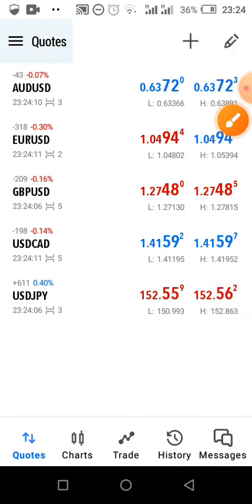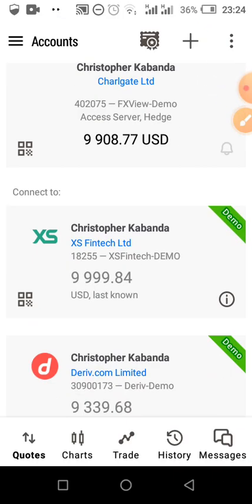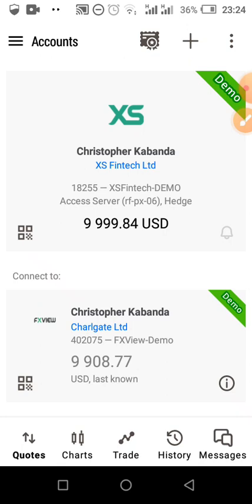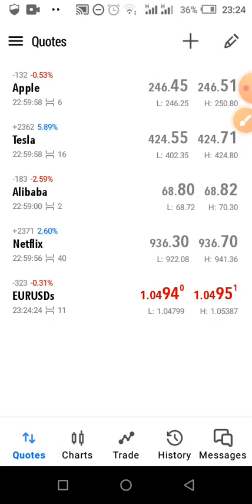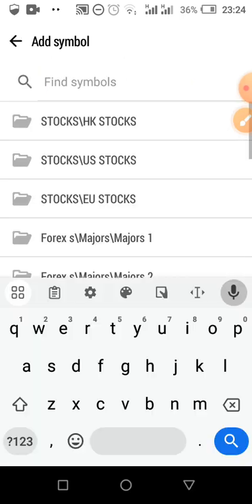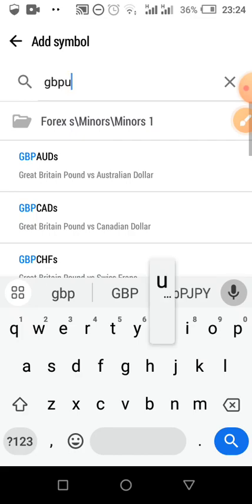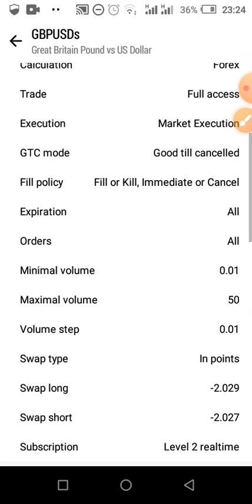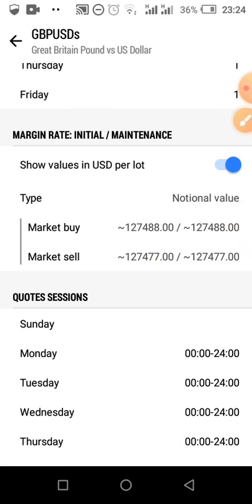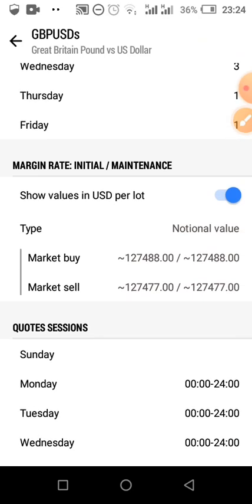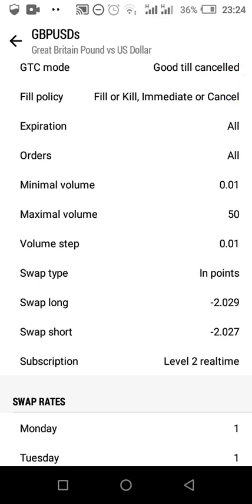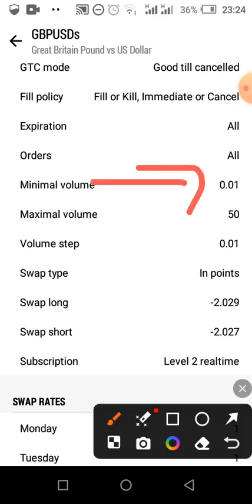But you will see now that if I come to XS broker, which is a B-booking broker, which won't connect your trades to the actual market, but where the broker would have made their own market and they will be your counterparty, the margin will be less. Okay, minimum volume 0.01 lot.